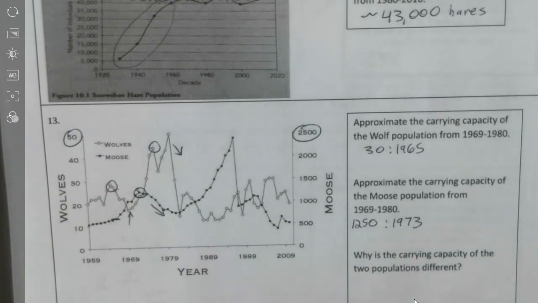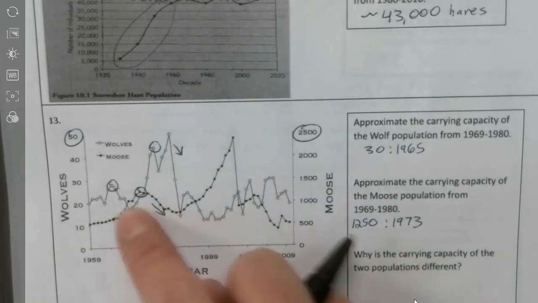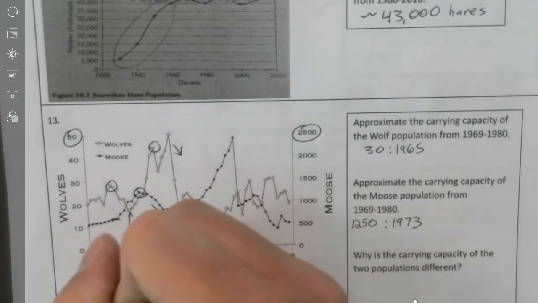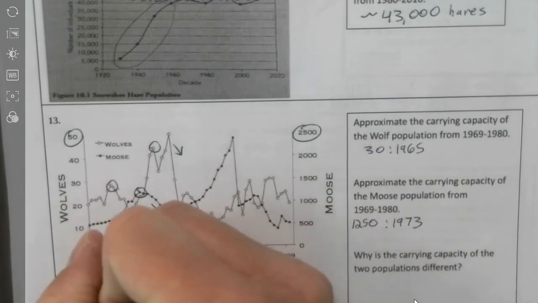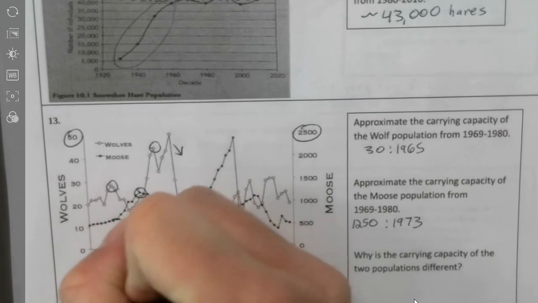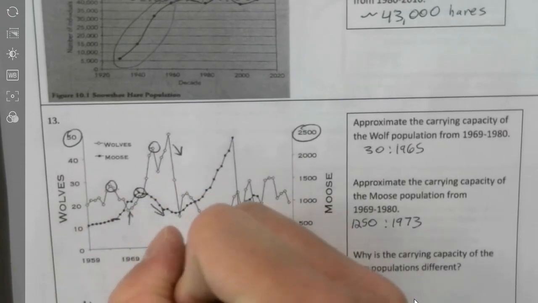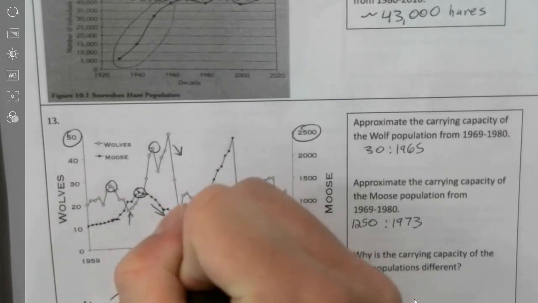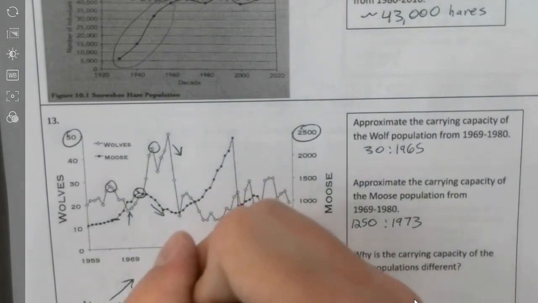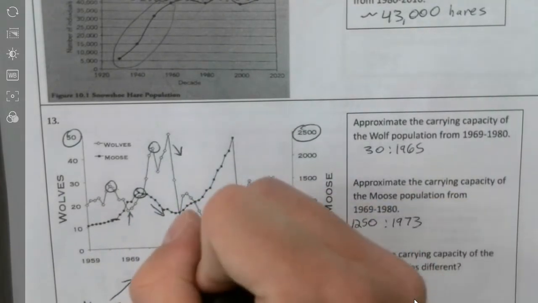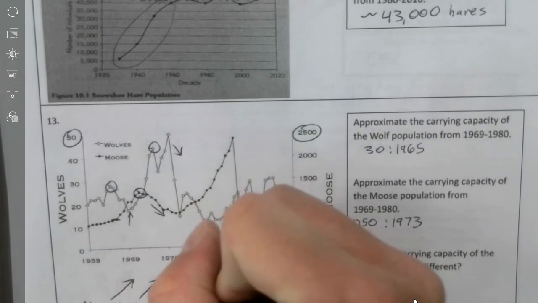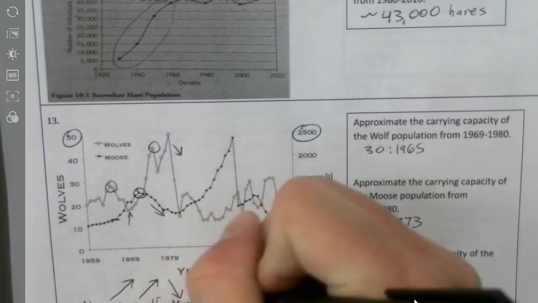But if we think about this here, what I really care about is knowing that when the moose population increases, then the wolf population is going to increase. But then because the wolf population increases, the moose population is going to decrease.